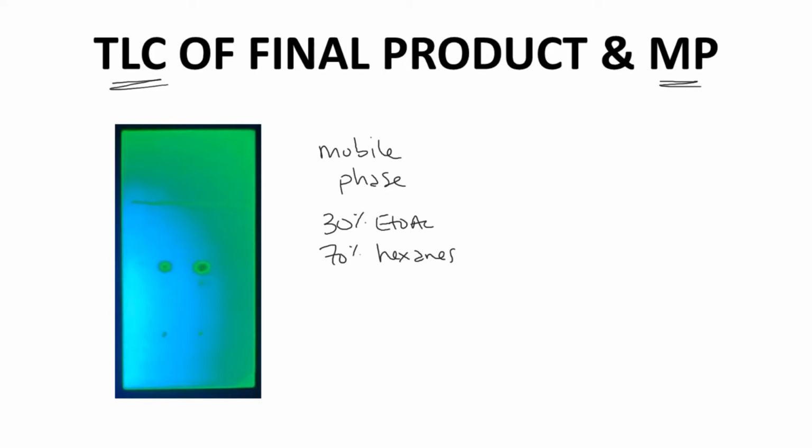And we get a major spot that has an Rf about 0.5, and then there is a faint spot in here. It's not pristine, and that has an Rf of about 0.39 based on how I measured it. So I don't know what that lower spot is, but there's a little something in there, but this looks pretty nice.